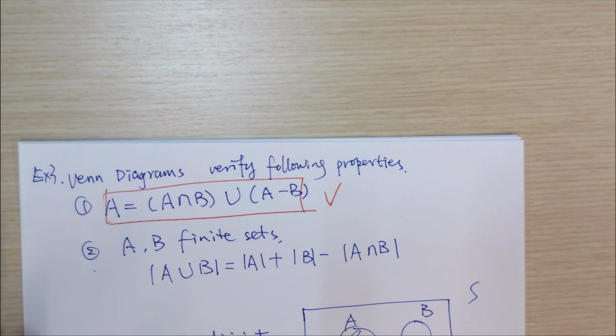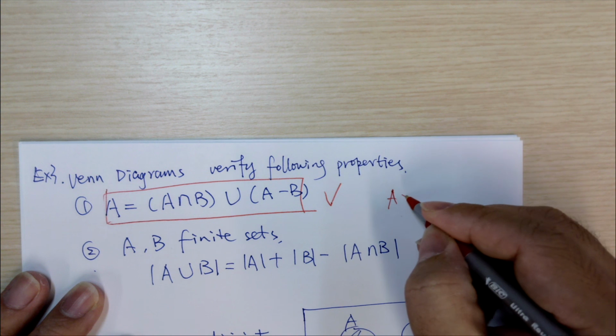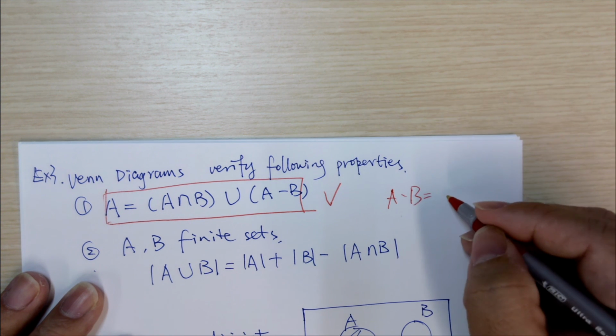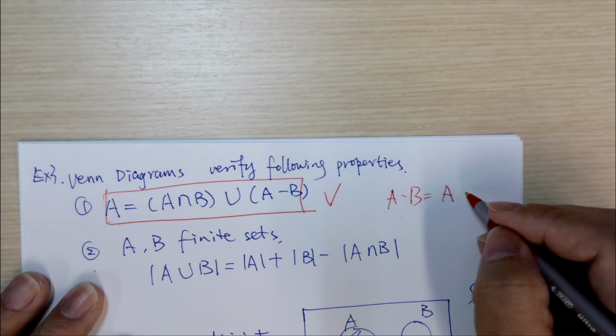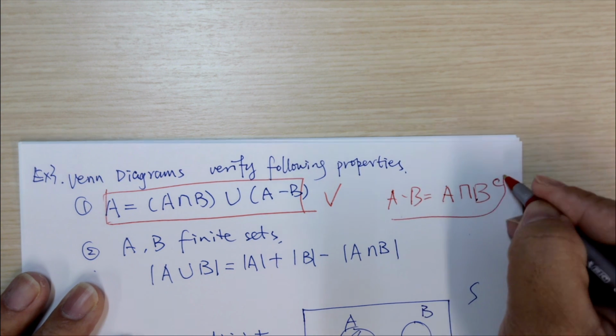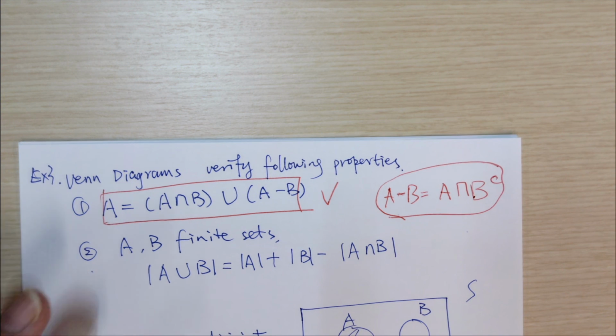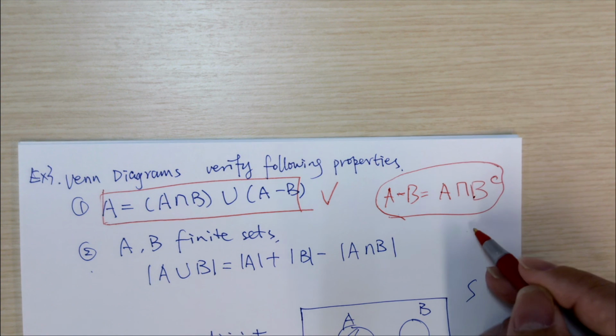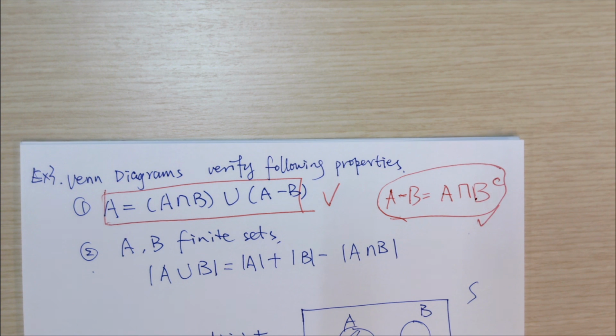A equals A intersect B union A subtract B. And also don't forget that A subtract B equals A intersect B complement. Okay, so A subtract B equals A intersect B complement. So those are very, very useful equations or relationships that you can use in further problems.